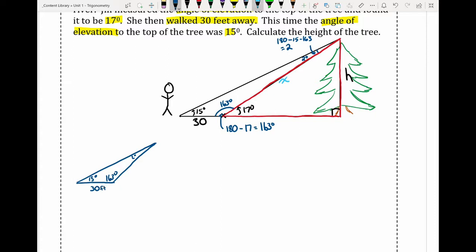What I want to do is find this unknown side here, because it's shared with this red triangle. And once I find this side, I can then use my right angle trig to figure out the height.